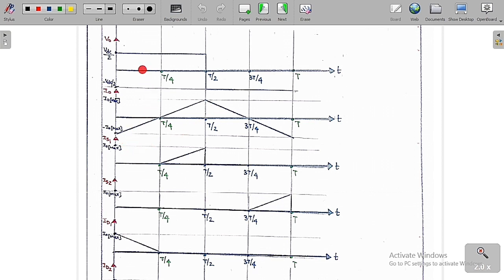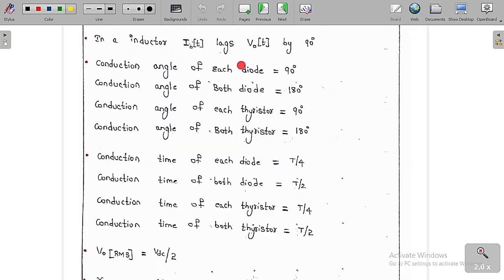So this is the output voltage and this is the output current. In an inductor, I naught of t lags V naught of t by 90 degrees. As I have already told you, in an inductor the current is going to lag the voltage by 90 degrees, so the output current is going to lag the output voltage by 90 degrees.